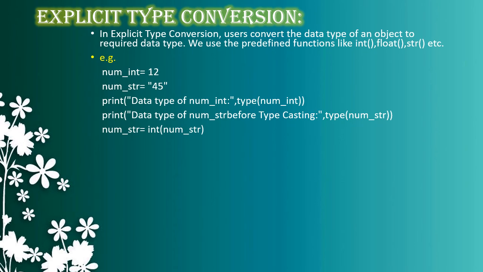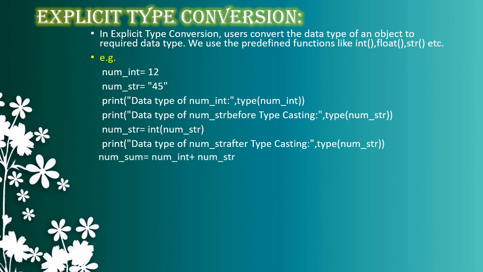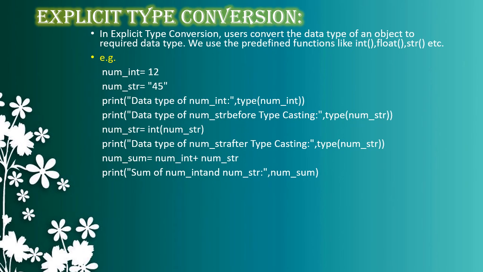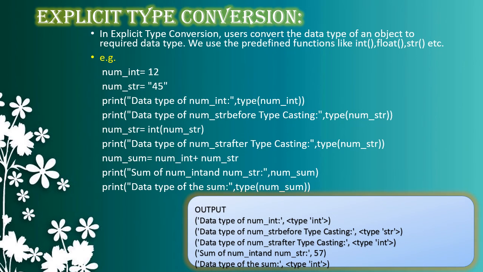Next we are going to convert the string value 45 into an integer using the function int of, which is an explicit conversion. Now we are checking the num_str data type, and it will show integer because we converted it to an integer. After converting the string value to an integer, we can add those values, 12 plus 45, and it will be added and displayed, and that type we can also check; it will come as an integer.